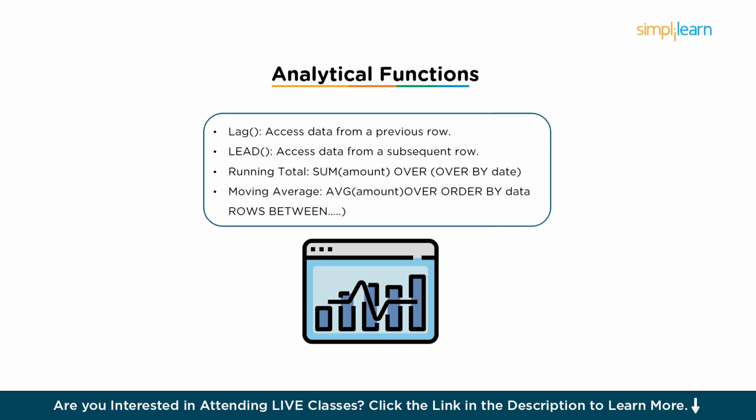LAG and LEAD are value functions that allow you to access data from preceding or succeeding rows within your window, respectively. LAG retrieves the value from a column from a row at a given offset before the current row, and a default value is used if no such row exists. LEAD does the opposite, fetching from a row at an offset after the current row.